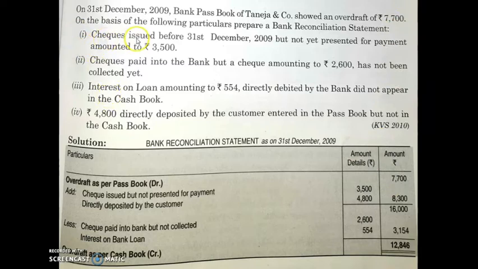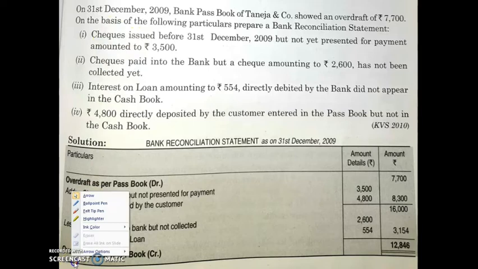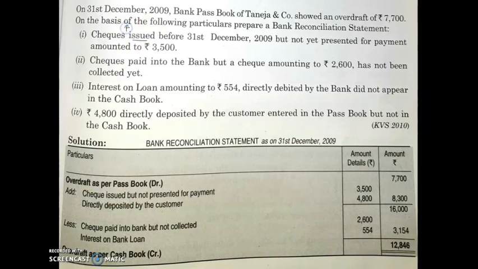Check issued. Children, the meaning of check issued is payment. This is a payment made. So issued means payment. That means cash or check is going out from the business or out from the bank. So check is issued before 31st December 2019 but not yet presented for payment, amounting to rupees 3,500.